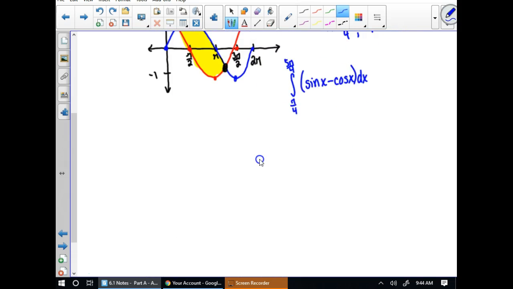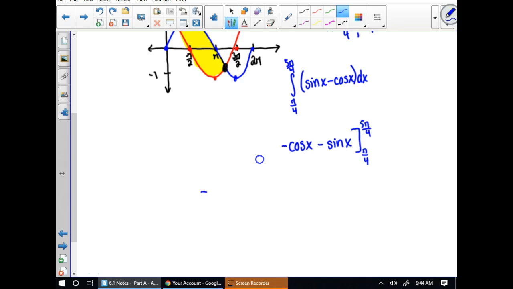All right, so we are going to integrate this. When we integrate this, the integral of sine x is negative cosine x, and the integral of cosine x is sine x. And we're going to evaluate that from pi over 4 to 5 pi over 4.